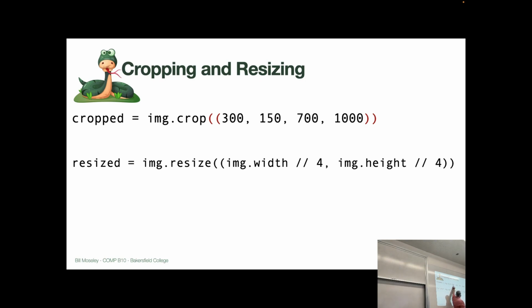The first number is the x coordinate of the upper left corner of the crop. So I'm basically giving it 2 points, x and y, and it's going to crop that out.